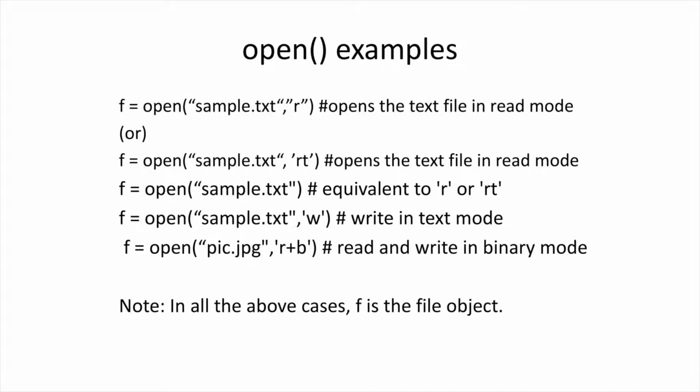To open a file in write mode, just give W. In the last example, we have opened a file called pic.jpg in R plus B mode, which means the file is opened in read, write mode and this is a binary file. So, in all these cases, F is the file object or it is a file handle.